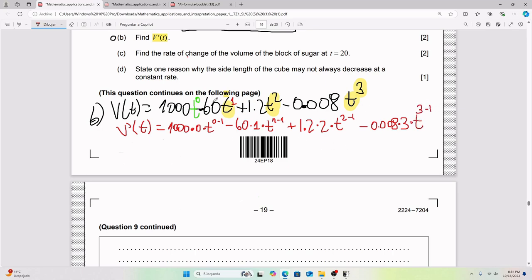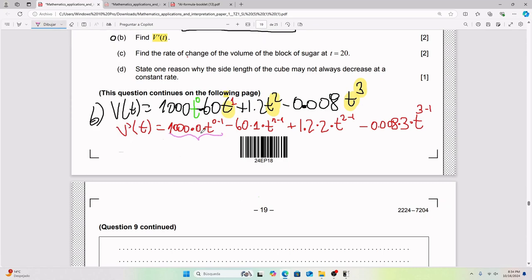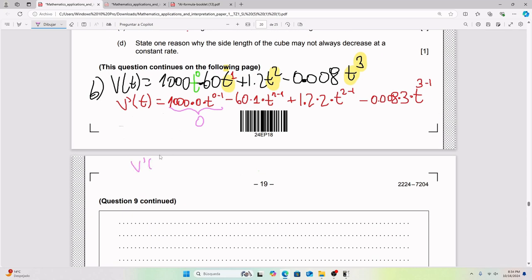See? Now all these minus 1 solve pretty easily. This first term is being multiplied by a 0, so all of it ends up being 0. And what you end up with at the end of the day, well, this first term is 0, the next term ends up being just negative 60 times 1. This 1 minus 1 gives you t to the power of 0, which is just 1. So this is multiplying by 1.